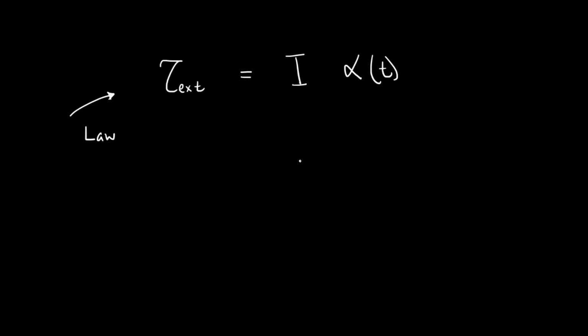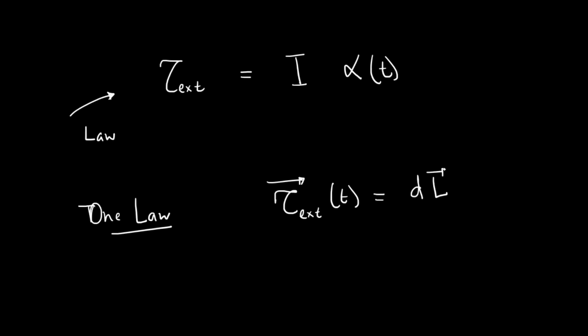Rather, in the whole chapter we are going to say there's only one law, which is that tau external at any instant of time is equal to dL by dt, and we've defined it for a system, and therefore it is also applicable to a particle.